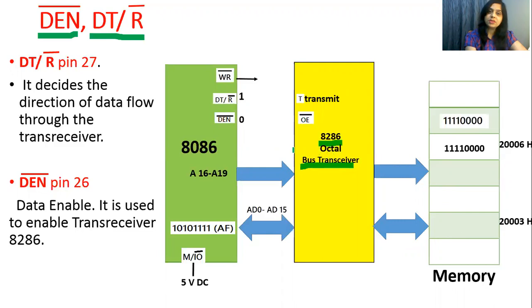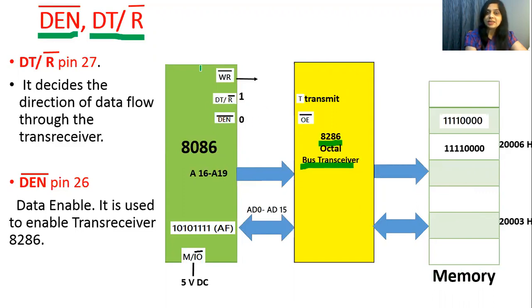Now what happens whenever 8086 communicates with the memory? Let's take an example where we have connected memory to 8086 through a bus transceiver. Whenever 8086 wants to communicate with the memory, either it will transfer data to the memory or it will receive data from the memory.